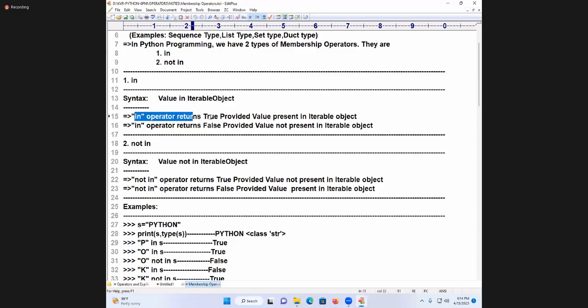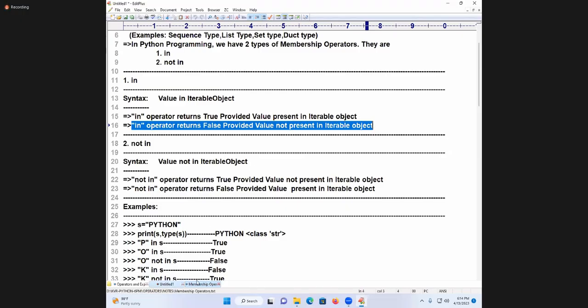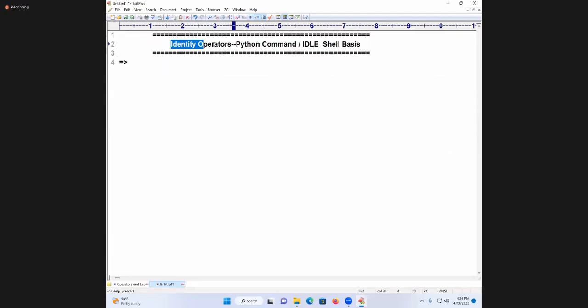The in operator returns true, provided the value is present in the iterable object, and false, provided the value is not present. Like that, students, identity operators compare memory addresses. These are important in interviews.